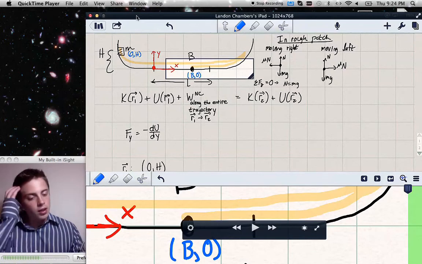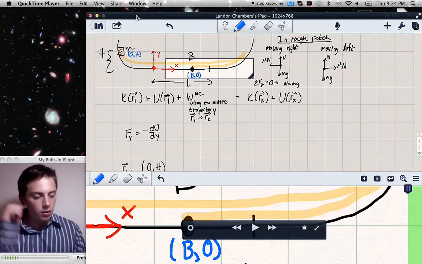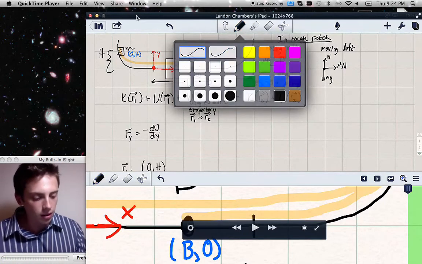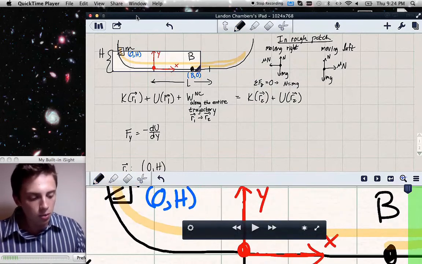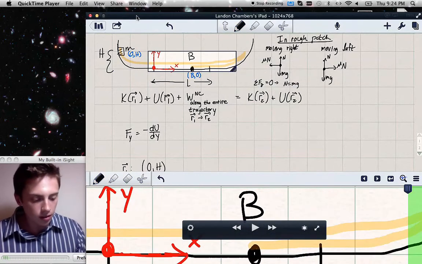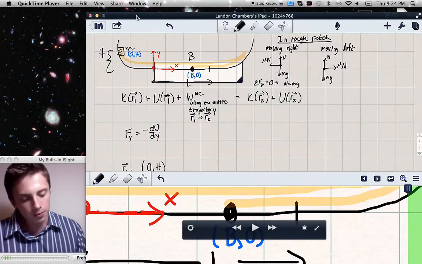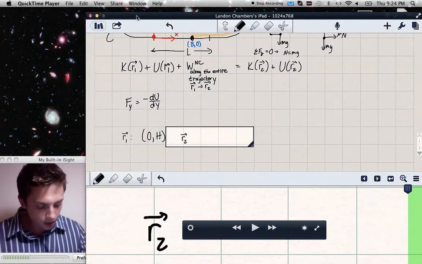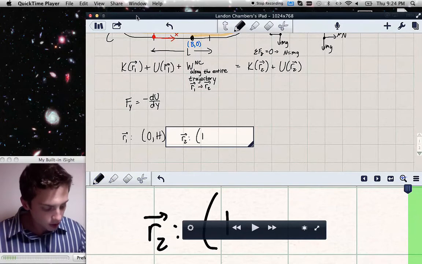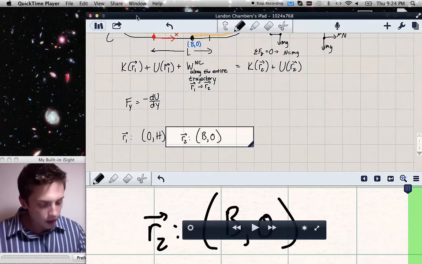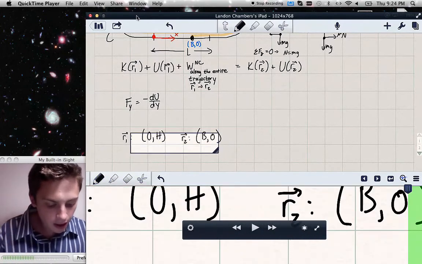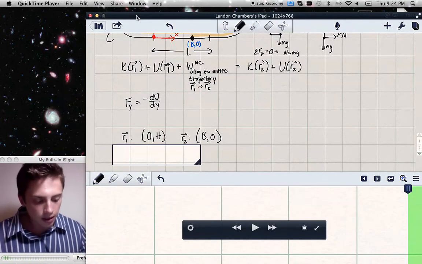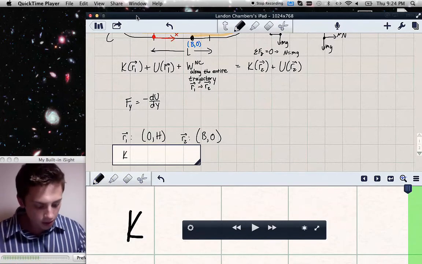So that's how I'm going to use this unknown point B in my coordinate system where the object starts. I'm going to label it as B from the origin, right? And y is equal to 0 here. So we're going from R1 to R2, B0. So the kinetic energy at R1, well, it starts at rest. So K at R1 is 0.